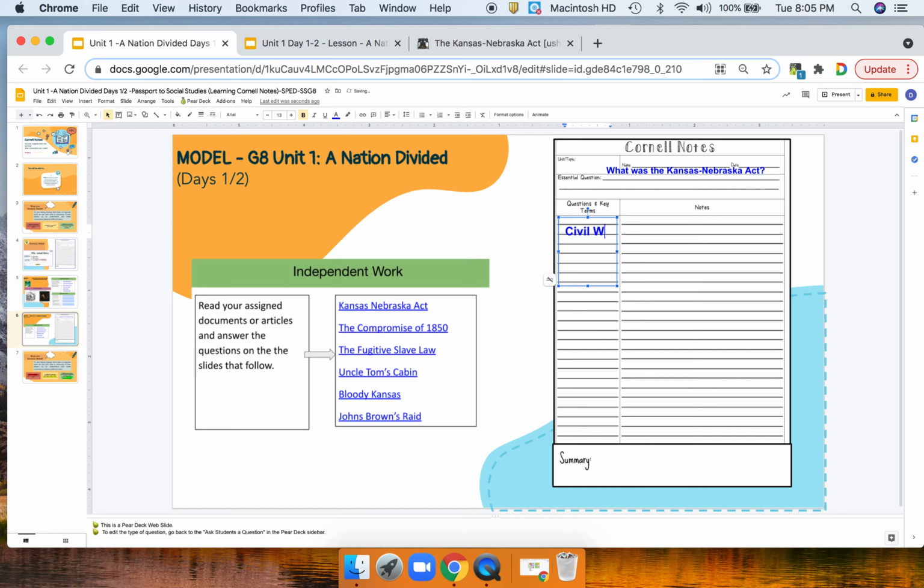So Civil War, slavery, and over here I'm going to start taking notes such as the Kansas-Nebraska Act was one of the main events or laws that led to the Civil War.